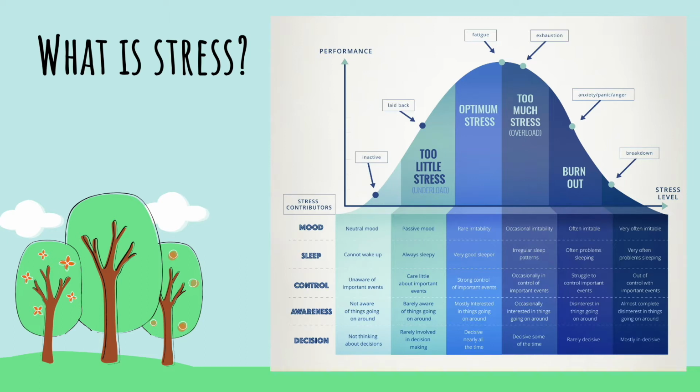It feels exciting and actually helps to increase performance. Think about some examples of eustress for you. Maybe it's a sporting event, playing a challenging video game, watching a scary movie if you like them, riding a roller coaster, starting a new job, completing a project at school, or winning a race.